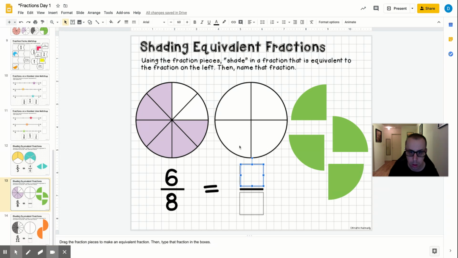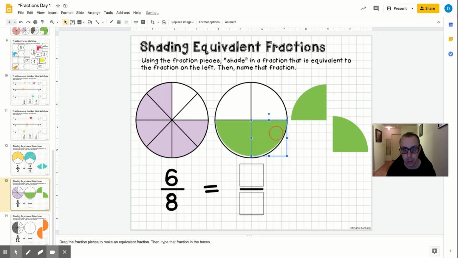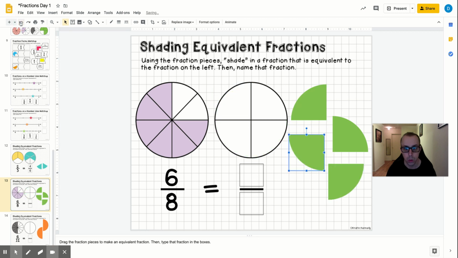Now, okay, again, we see 6/8. 1, 2, 3, 4, 5, 6. 6/8. So if I drag and cover the same portion, okay, how many pieces did I drag? 1, 2, 3, out of 4.